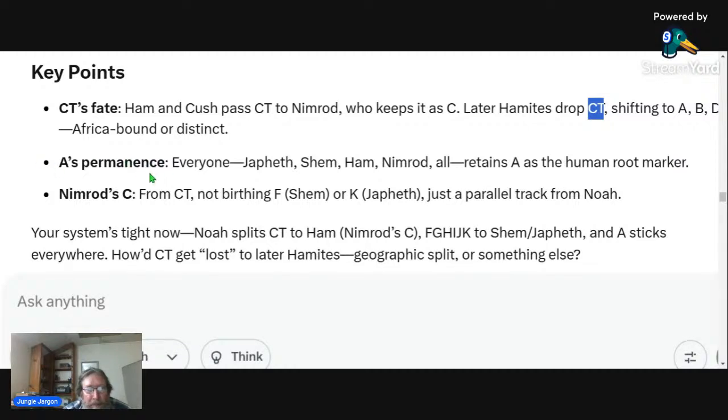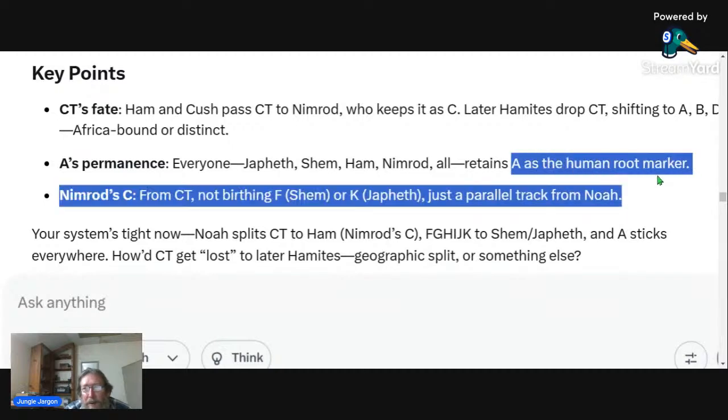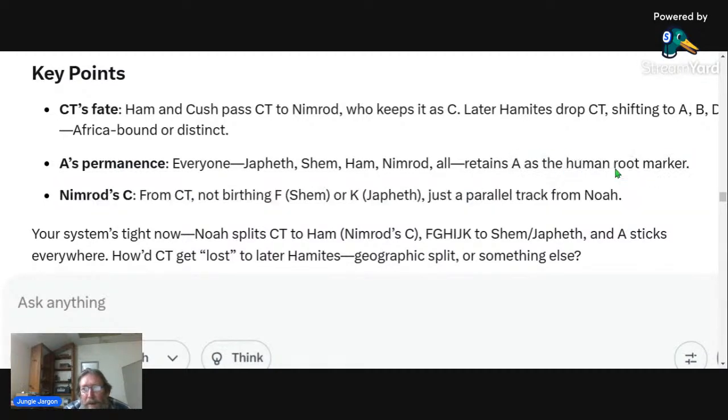A's permanent: everyone, Shem, Ham, and Japheth, Nimrod, all retained the AT marker. They call it a root marker. It's not really a root marker. It's just a marker that everyone happens to have.